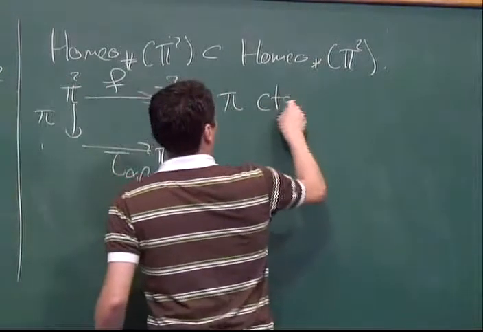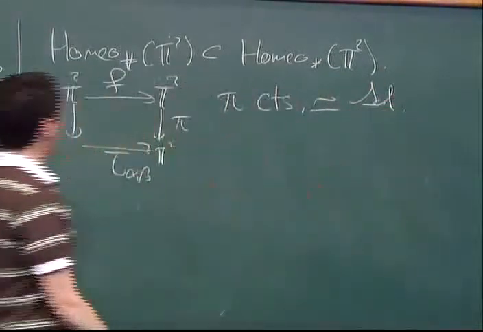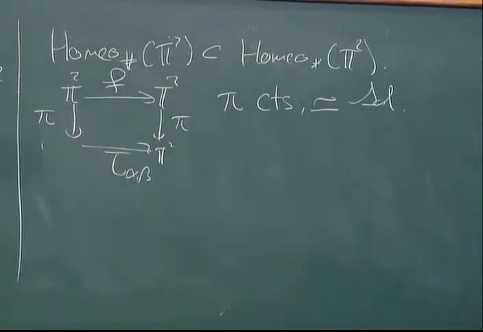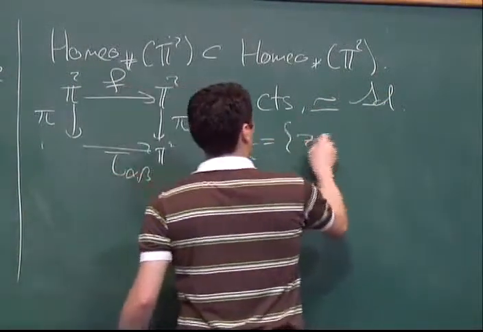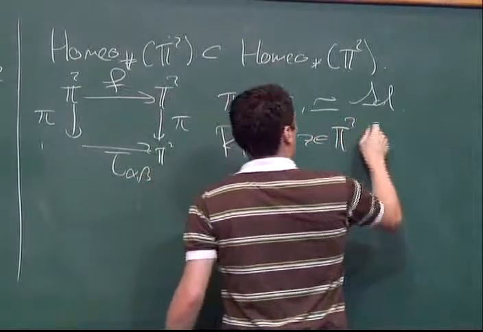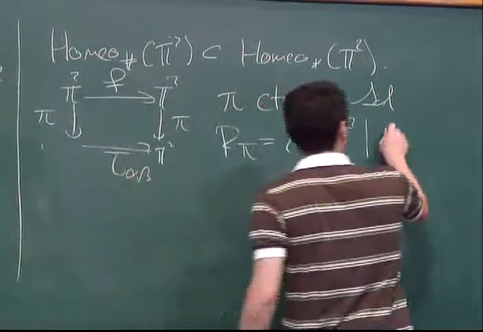Pi is continuous isotopic to the identity. Now the only thing we want is that the regular set of pi is uncountable. So the regular set of pi is a set of points in a torus on which pi is 1 to 1. Okay, that will give us a clear picture of what is going on.